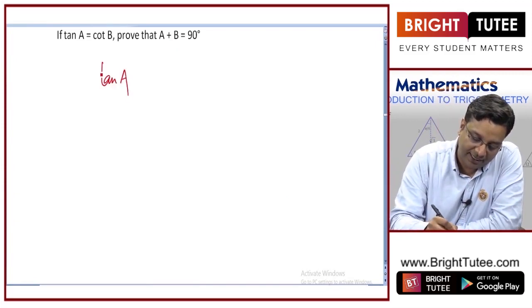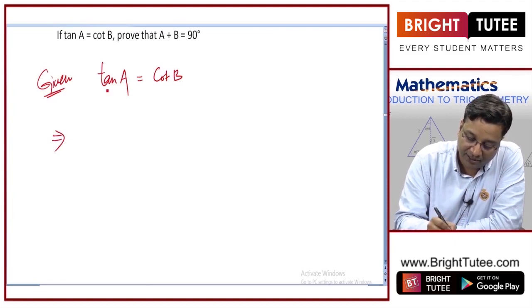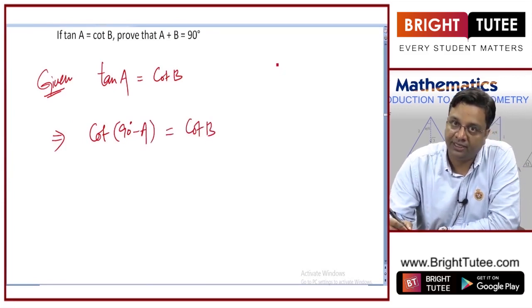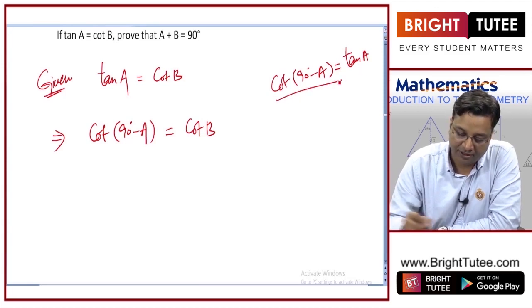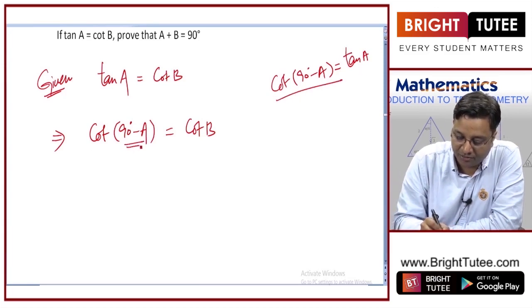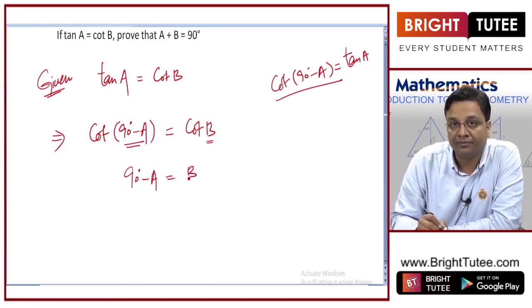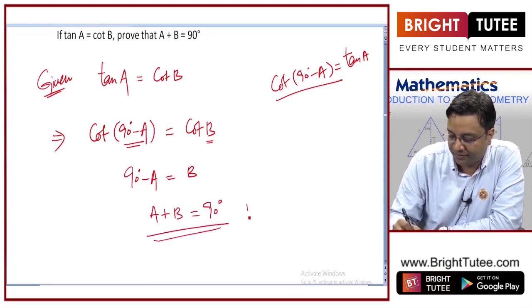We are given that tan A is equal to cot B. This implies that cot(90 minus A) is equal to cot B, because cot(90 minus A) is nothing but tan A. So I can compare the angles now. 90 minus A is equal to B. So A plus B is equal to 90 degrees. Hence proved.